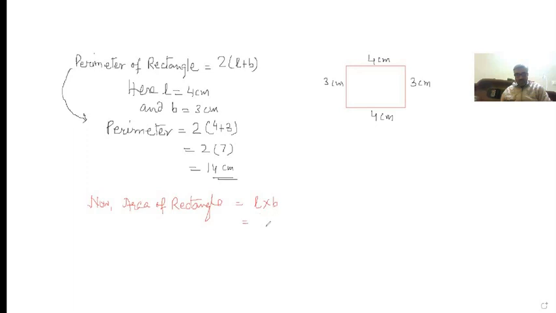Length here is 4 centimeter and breadth is 3, so 4 times 3 is 12 centimeter square, or you can say square centimeter. These are the units of the area.